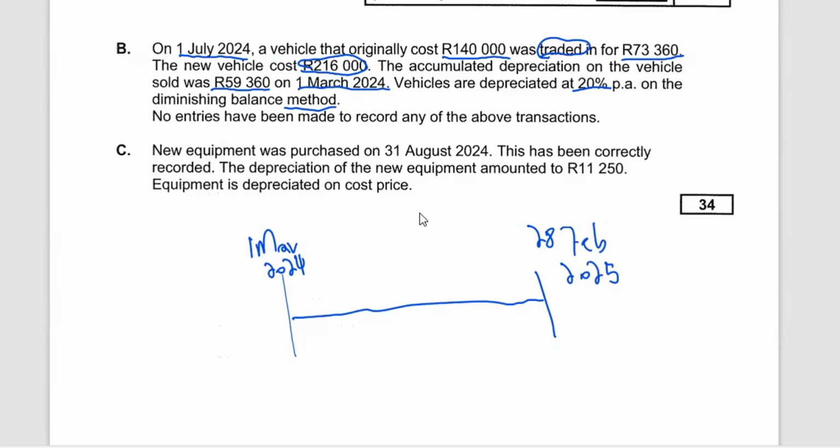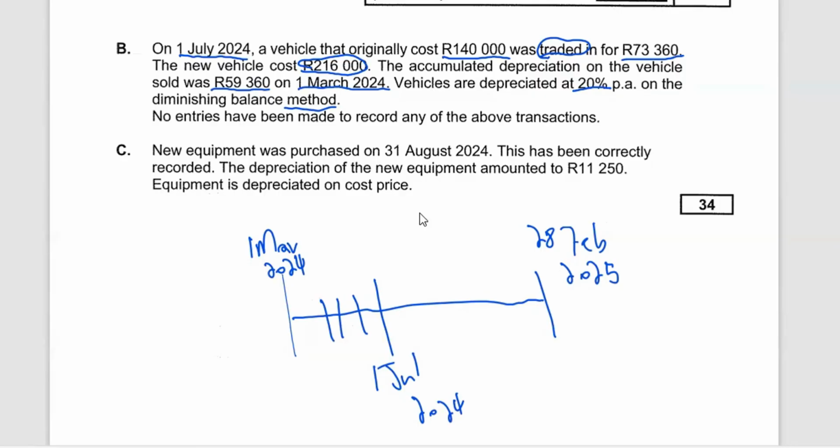On 1 July 2024, a vehicle that originally cost 140,000 was traded in. So we have March, April, May, June, July. So here we have 1st July 2024. That's when we bought our new vehicle. So when did you start using it? We started using it 1st July 2024. So how many months did you use it for?